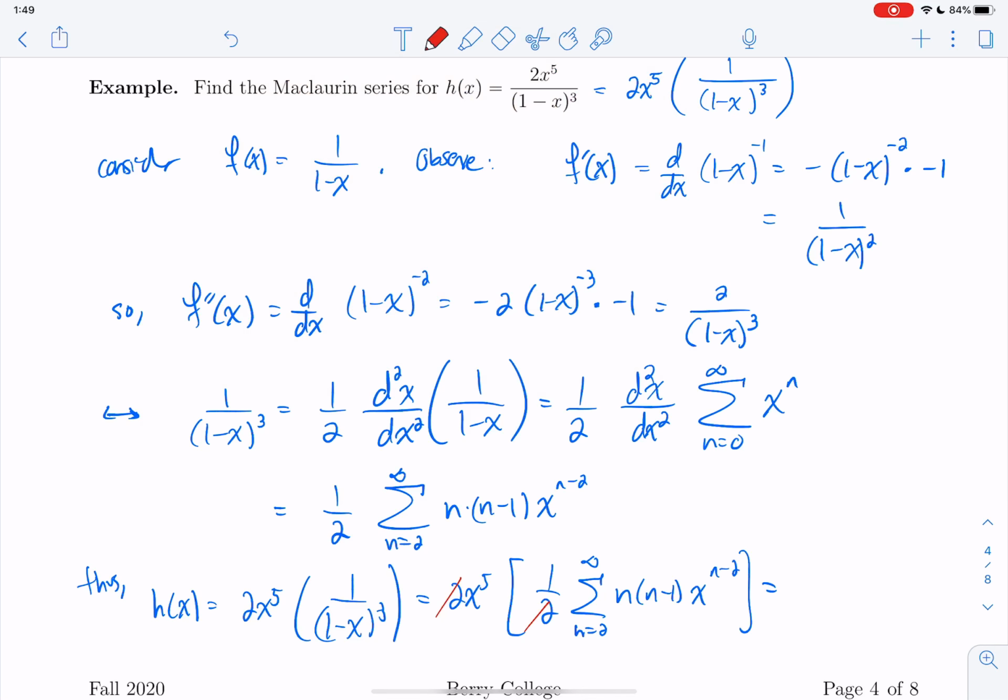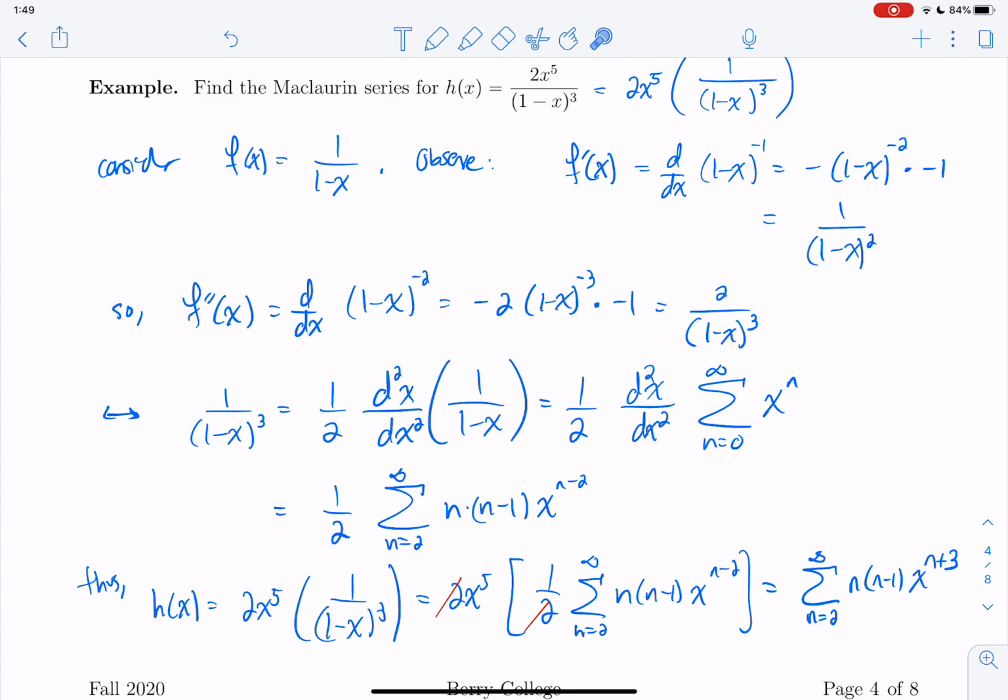The 2s seem to cancel. The x to the 5th is just going to uptick the power of x here, and so what we're going to end up having here is simply the sum from 2 to infinity, n times n minus 1, x to the n plus 3. Because if we're at n minus 2 and we add 5 to it, we'll end up with n plus 3, and that's our final answer.